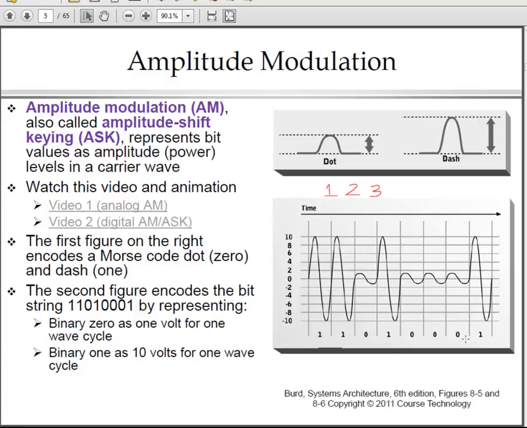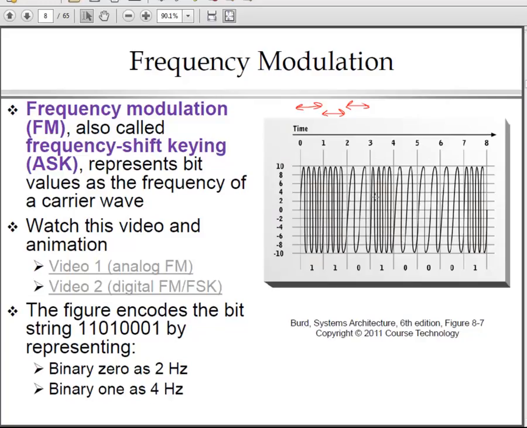These are single bit values. In the case of amplitude and frequency modulation, I varied one thing for one wave cycle to represent either a 0 or a 1. Obviously it got a little more complicated with the frequency modulation, but still the same basic concept of in any one time period, 1 bit value.